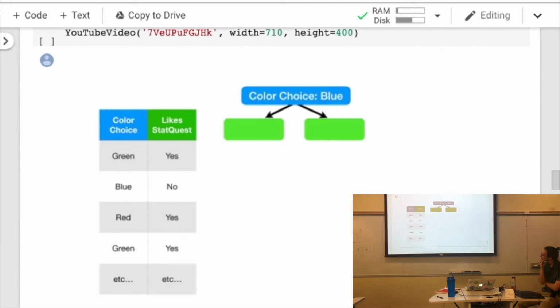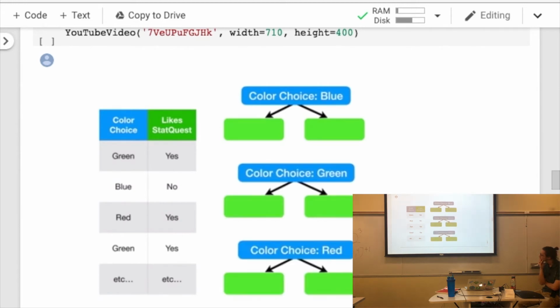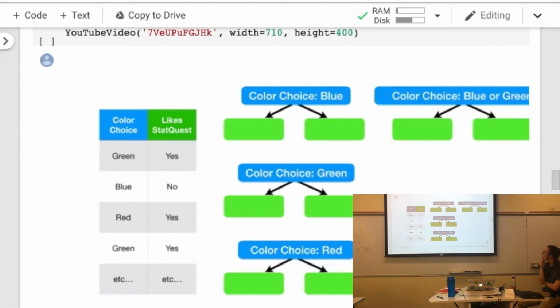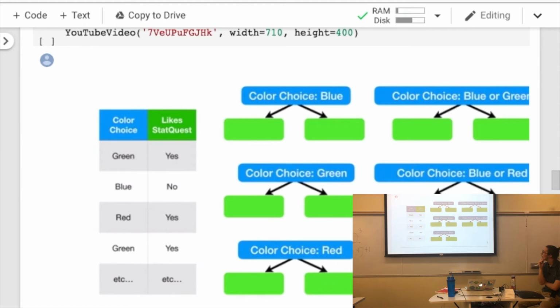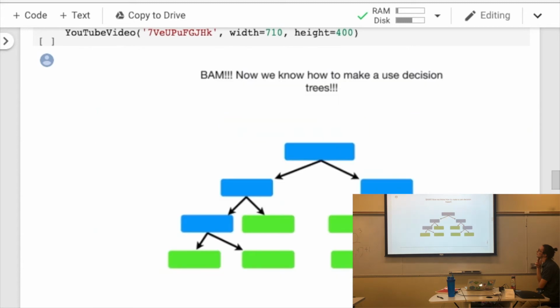Color choice is blue, color choice is green, color choice is red, color choice is blue or green, color choice is blue or red, and lastly, color choice is green or red. Note, we don't have to calculate an impurity score for the color choice blue, green, or red, since that includes everyone.